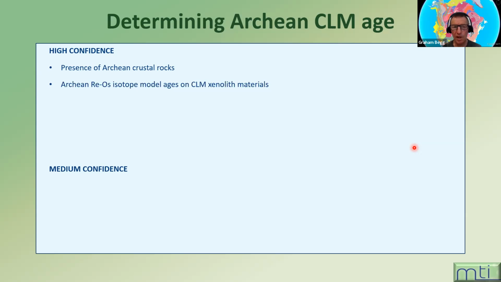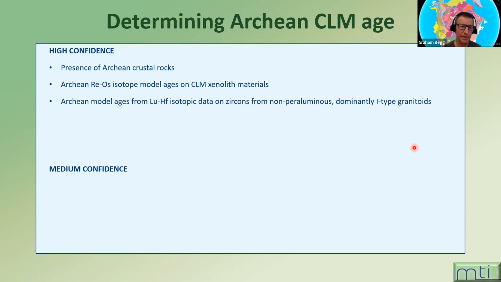But also, if you've got Archean rhenium-osmium isotope model ages on continental mantle xenoliths, then that's also proof of an Archean root. Archean model ages in lutetium-hafnium isotopes on zircons from non-peraluminous, dominantly I-type granitoids would indicate that it's Archean basement.